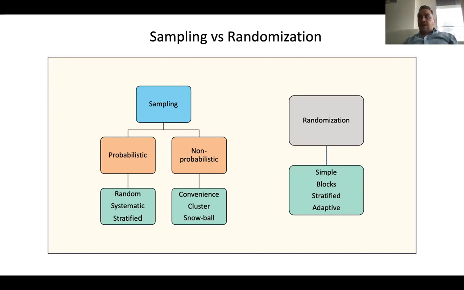For example, it could be randomizing hospitals to evaluate a new strategy to reduce the rate of infection in the hospital. So you don't randomize participants, you randomize groups. In this context, it would be hospitals.